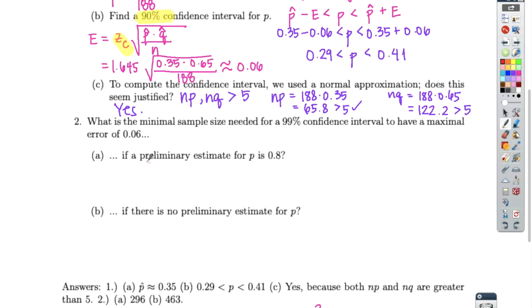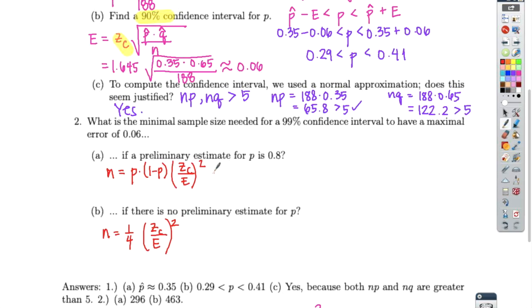If you have an estimate for P, then your sample size is given by P times 1 minus P, or you can just say Q, times the critical value over the error, squared. If there is no preliminary estimate for P, you basically take this P times Q and replace it by just 1/4. And the sample size is going to be bigger if you don't have any starting place. So this is going to be sort of a worst case scenario compared to part A.